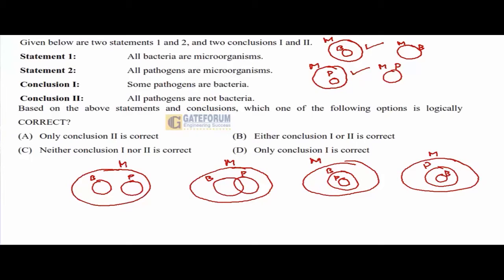So now let us check the conclusions. Some pathogens are bacteria. Well, some pathogens are bacteria is true here, is true here, is true here, but is not true here. So I will say that the first conclusion is not holding. The second conclusion, all pathogens are not bacteria.